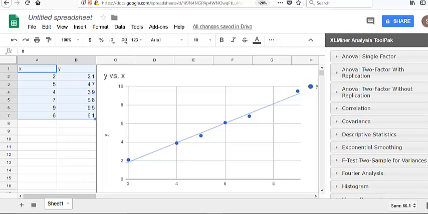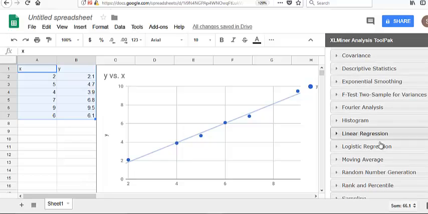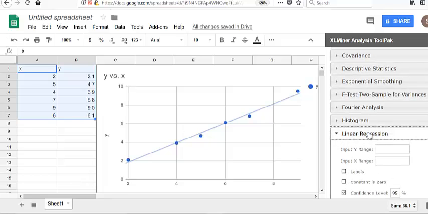There's also a choice which says linear regression. So we're going to put in our y values. I'm going to highlight the y values, click over here. Then I'm going to highlight the x values. Put that in there. So that's the x and y values.